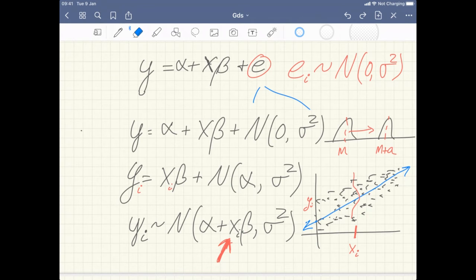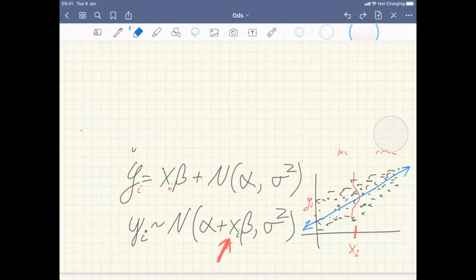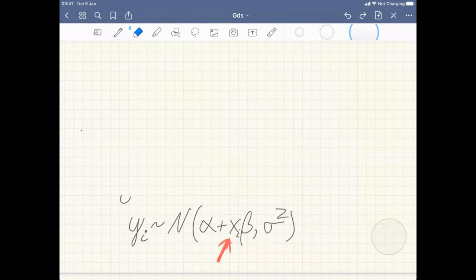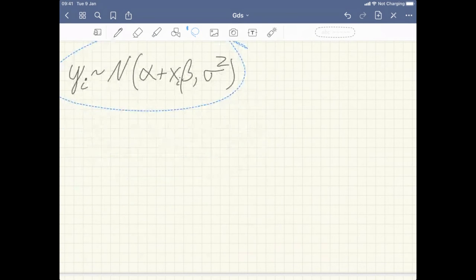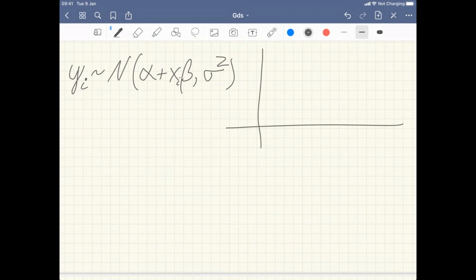Okay? So I'm going to erase this slide now so I can show you a little bit more about what I mean. You have seen that before, and I'm going to keep this up for a little bit. So if this is the regression equation stated as a distribution, right? We're saying that y is normally distributed at each point of x.